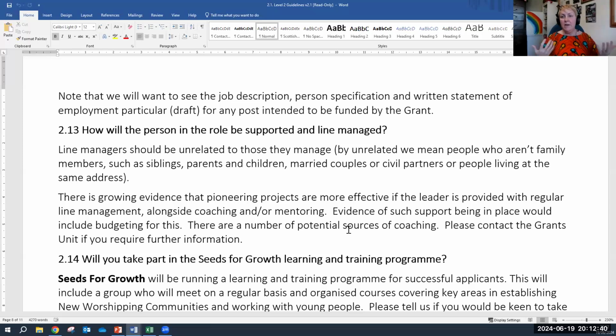And we need to make sure there's space for training, for learning, perhaps coaching and mentoring. And if those things are part of your project lifetime frame, then work that into your expenditure. If there's going to be a cost surrounding that, then put that into your expenditure. That's absolutely fine. We want to be good employers.